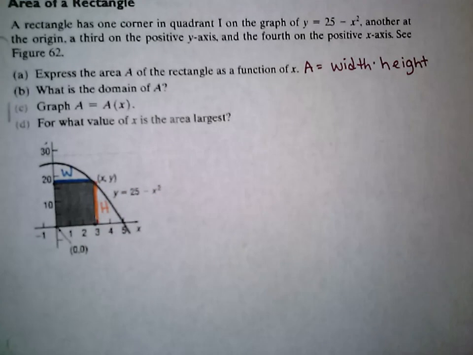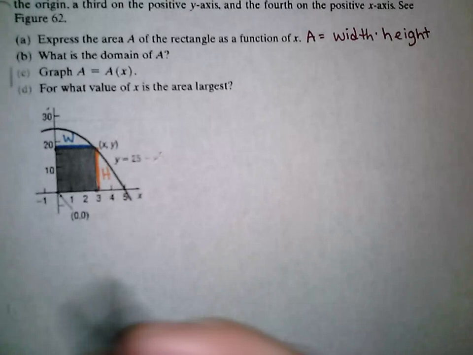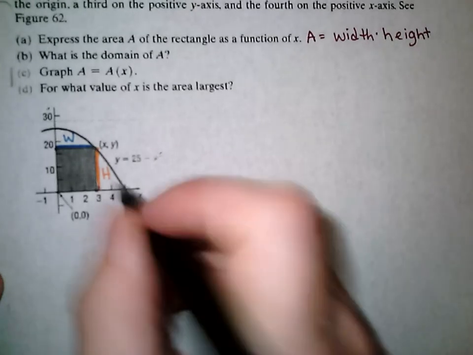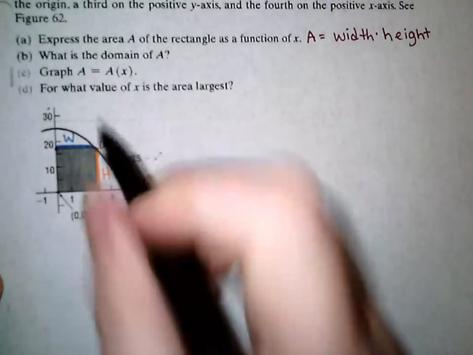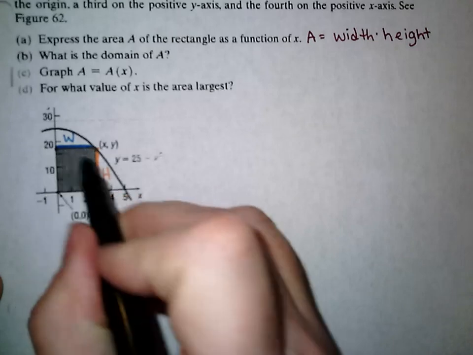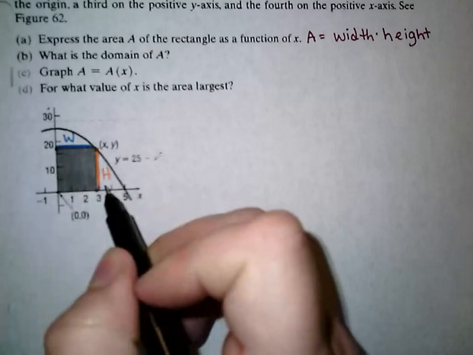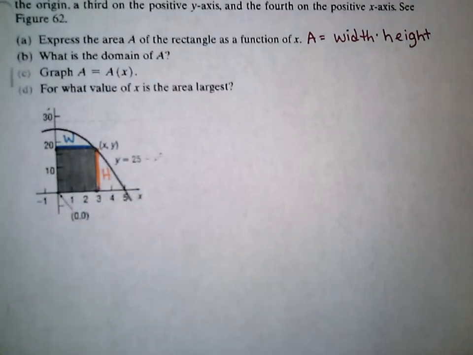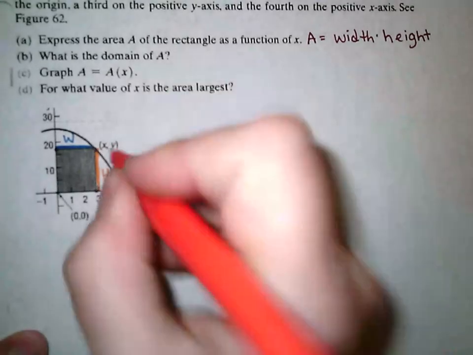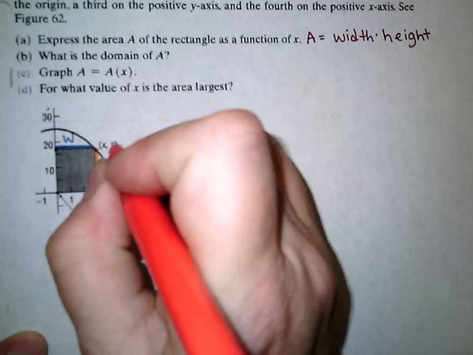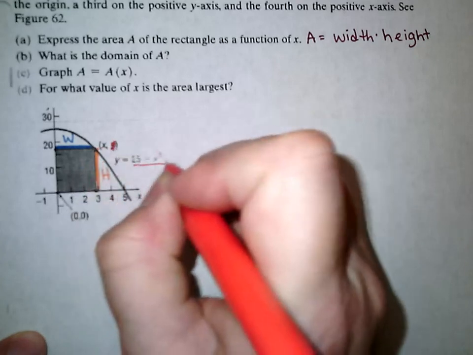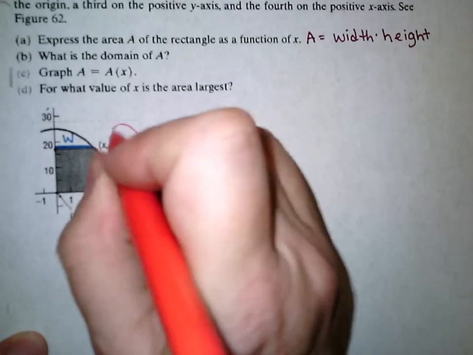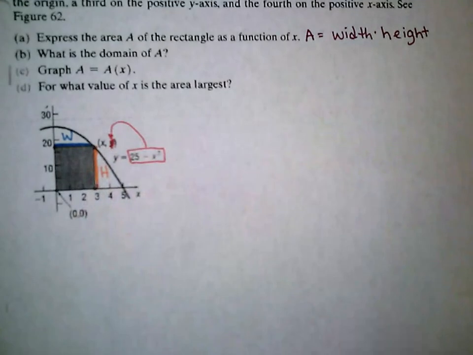So if I kind of zoom in on this like I zoomed in on my other graph, just so I can get a better picture of it, this point here, x, y, can move along that curve to anywhere. So similar to how we had done in our last problem, instead of saying x, y, we're going to replace that y with what it actually is going to be, which is 25 minus x squared.